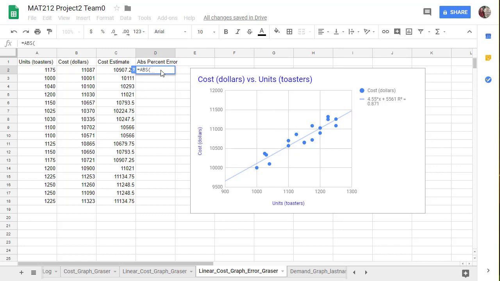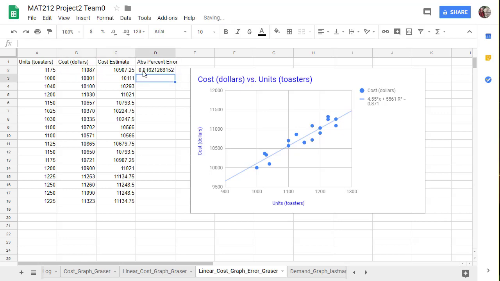That would lead to a percent error that's either positive or negative, but using the ABS command allows me to take the absolute value. So I'm going to take the cost minus the estimate in parentheses, which tells me how far apart the point and the line are, and then divide that using a slash by the cost.